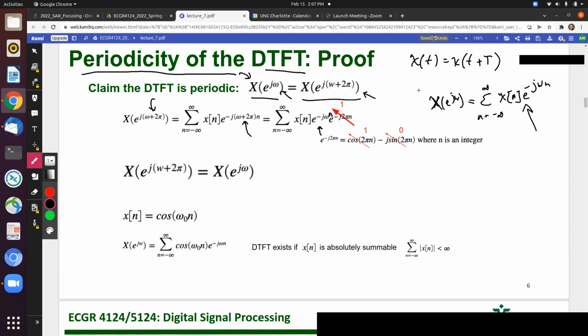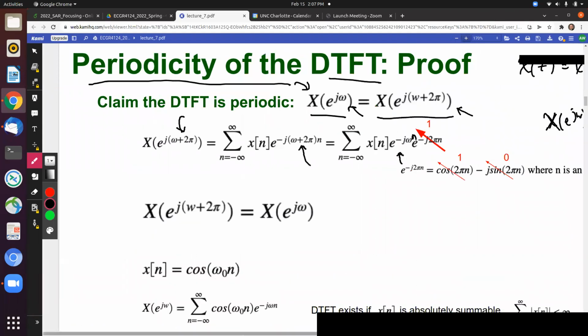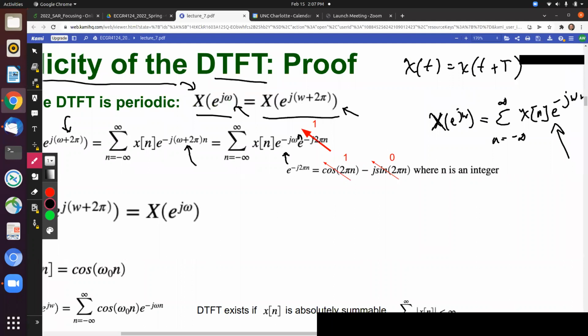And the other one is e^(-j2πn). I tease apart e^(-j2πn) in this little equation here. I kind of have an aside here where we look at e^(-j2πn). That's cosine by Euler's formula. That's cosine 2 pi n. Cosine of 2 pi, what value does it have? Cosine of 0, what value does it have?